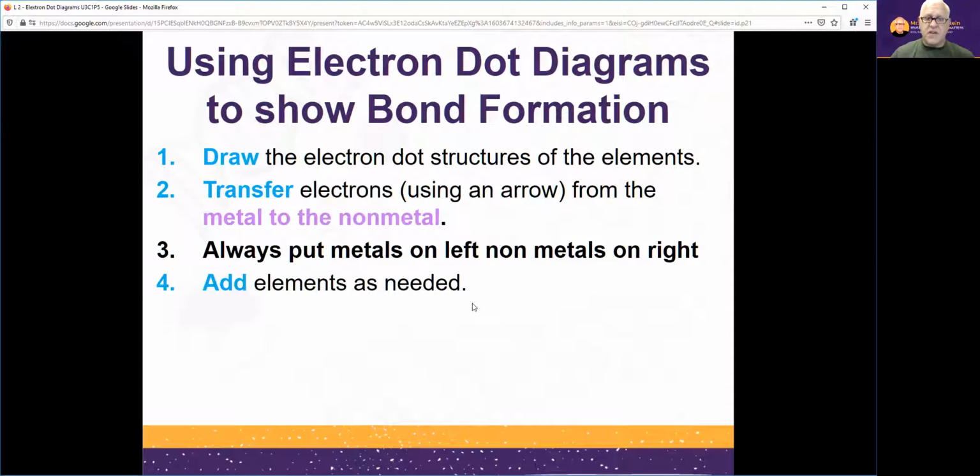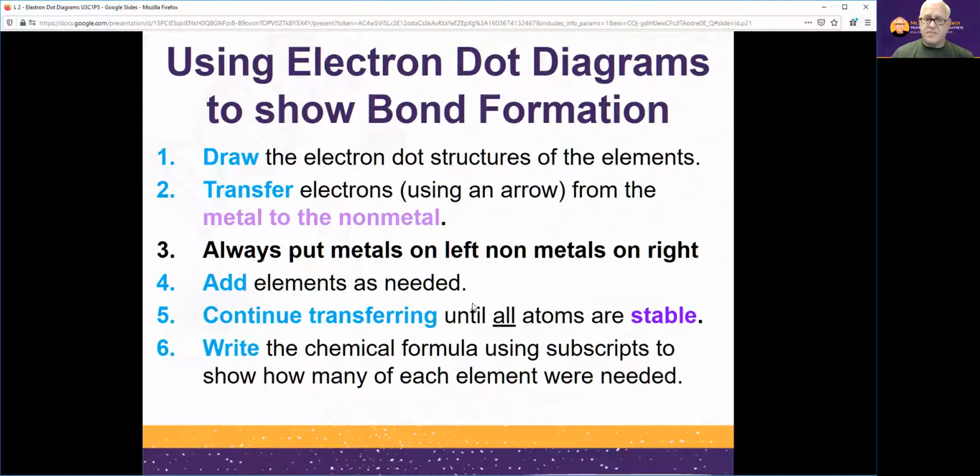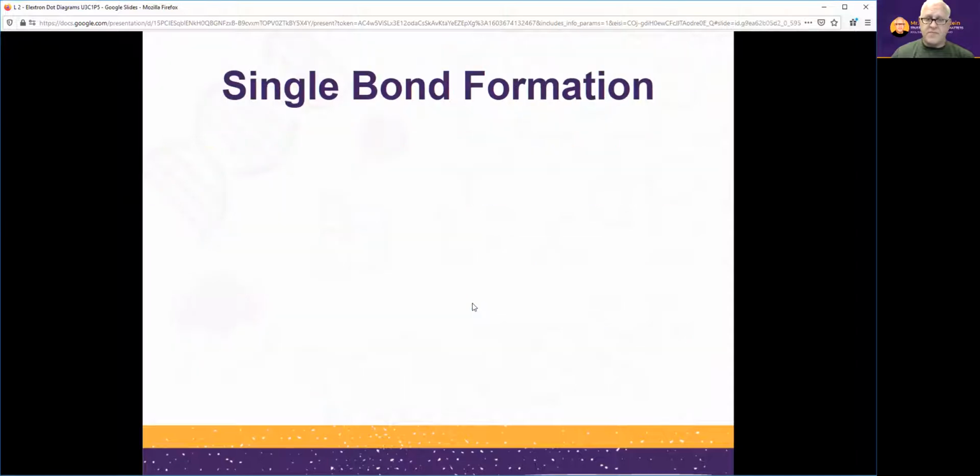And then you start to add elements as needed. We're going to show you how this is done in just a moment. You're going to continue transferring until all the atoms are stable. And then you'll write the chemical formula using subscripts to show how many of each element were needed.